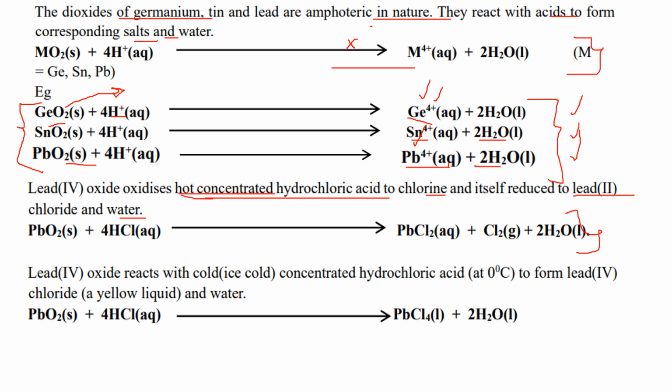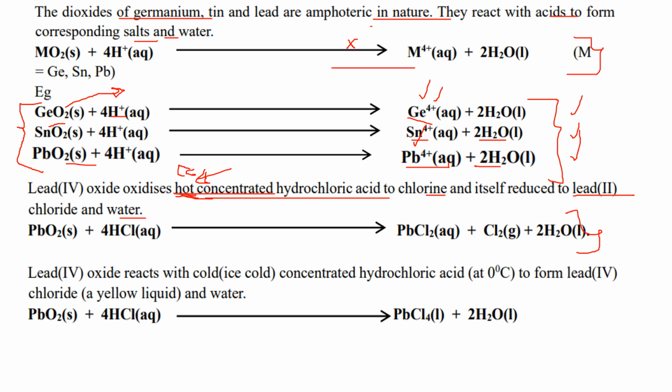We're having two types of reactions of lead oxide together with hydrochloric acid: a reaction where hydrochloric acid is cold concentrated, and a reaction where it's hot concentrated. To bring out the aspect of being hot, when we set this question, we shall tell you that lead oxide is heated with concentrated hydrochloric acid. Once we say heated, that means we are using hot concentrated hydrochloric acid.